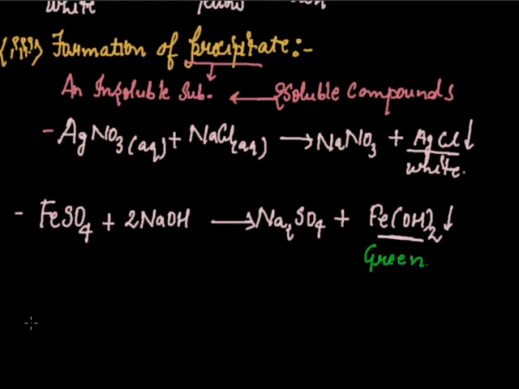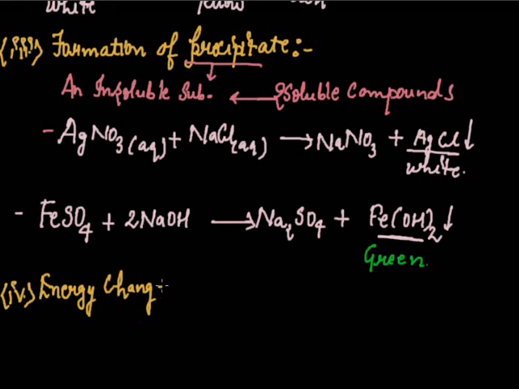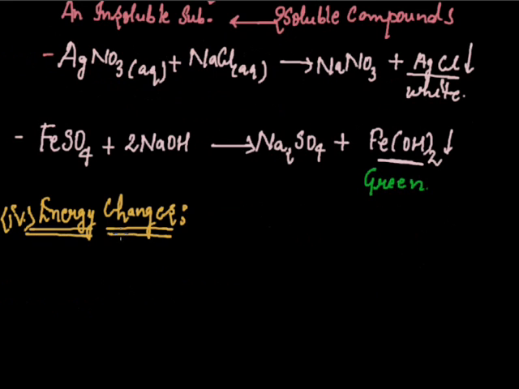Now the next characteristic of a reaction is energy changes. All chemical reactions proceed either with the absorption of energy or the release of energy. On the basis of energy changes, there are two types of reaction: endothermic and exothermic.